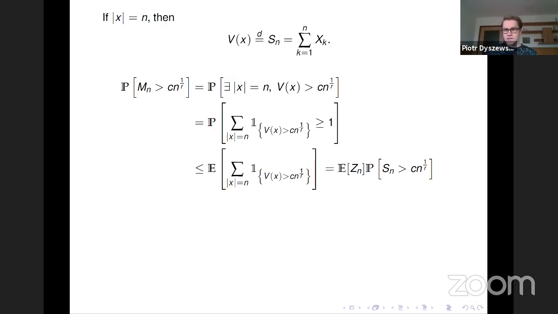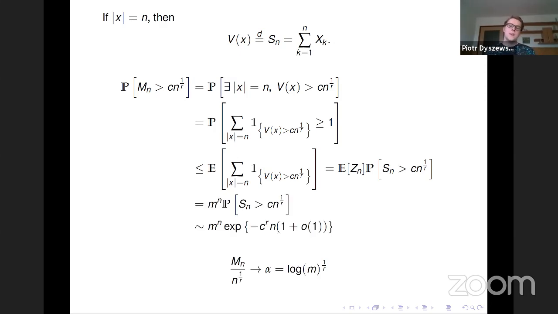And this is something that we did compute just now, right? So what we get is asymptotically m to the n times e to the minus c to the power r times n, right? So now we need to tailor this Cn such that this term compensates this m to the n, right?